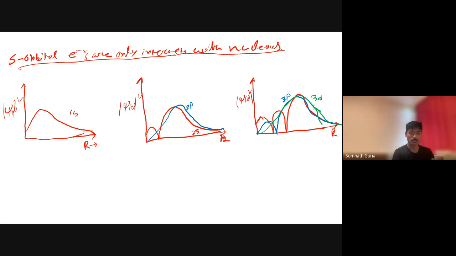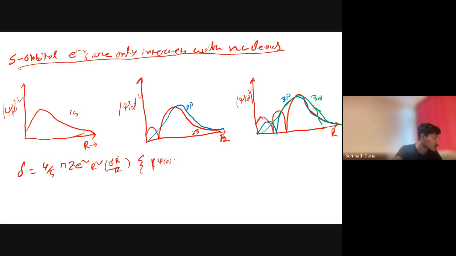To calculate that, we have an equation: delta equals 4/5 pi Z square R square, delta R by R, followed by psi 0 square of sample minus psi 0 square of source.